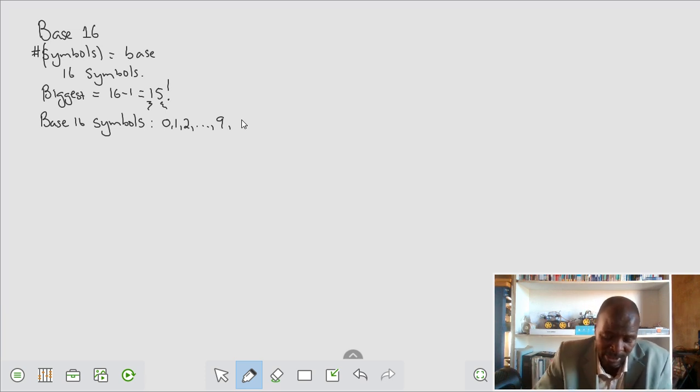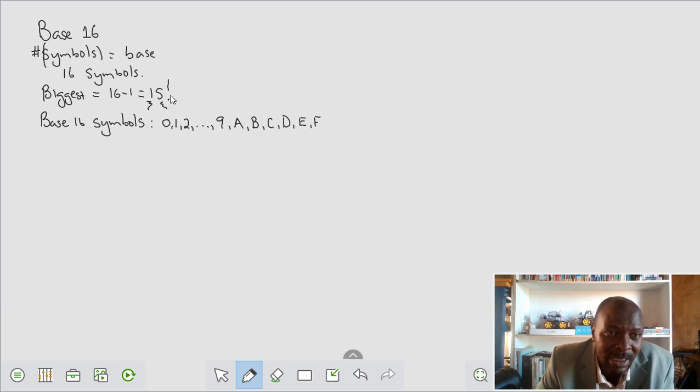So we'll say, okay, since we don't have such a symbol, let's create one with the alphabet. We say that the A actually has a value of 10. It follows that B will be 11, C will be 12, D will be 13, of course E 14, and F 15.